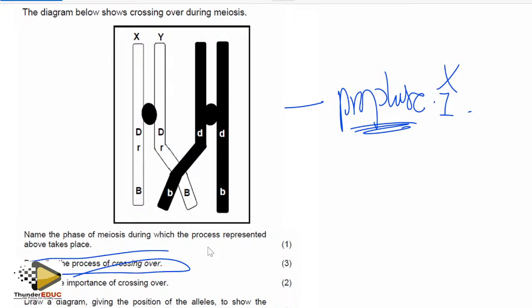Maybe you resemble your neighbor. Why do you resemble someone else in your family, but you don't resemble the father and mother who gave rise to you? We'll talk about it when we are describing crossing over. So basically, crossing over is very important in bringing about genetic variation. We'll discuss this question in our next class.